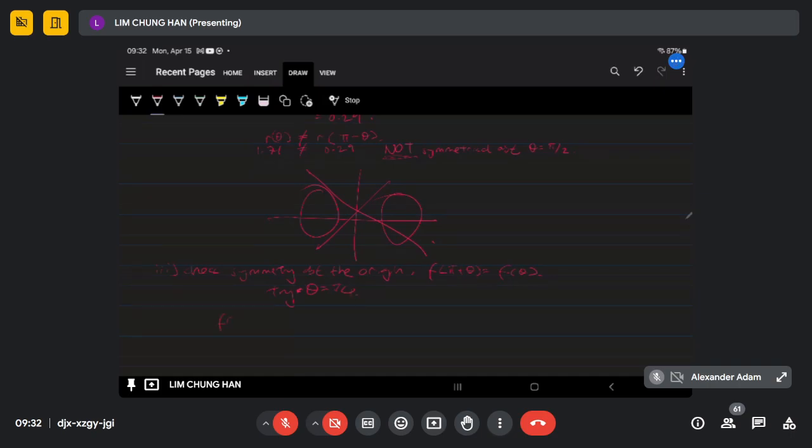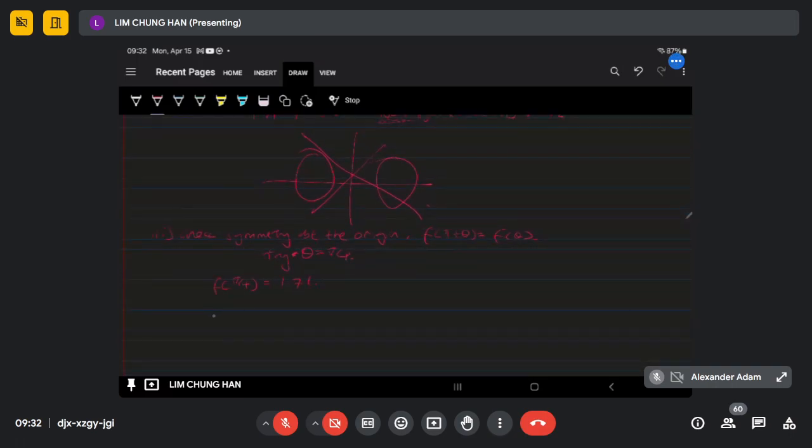So we know when this is pi over 4, it's 1.71. When pi plus pi over 4, what is the answer? 1 plus cos pi plus pi over 4.